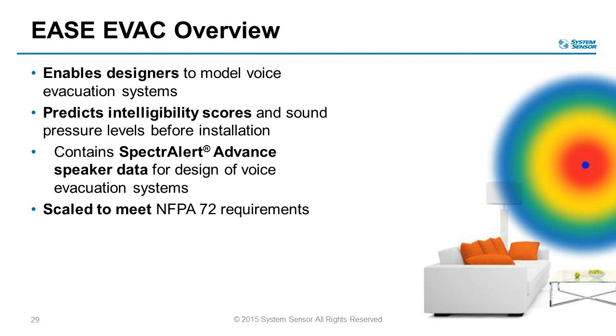Loudspeaker data for many of the leading brands, especially including System Sensor, the Spectra Alert line that Rebecca just talked about. It also creates extensive reports for calculation, presentation, installation. The calculation engine of EVAC is based on EASE 4.4, the industry standard for electro and room acoustic modeling.